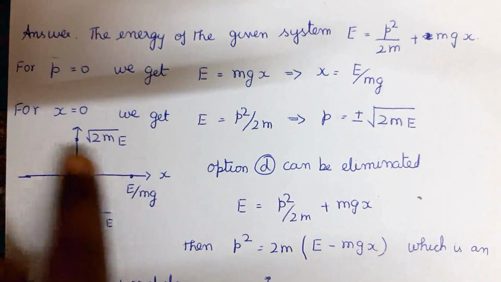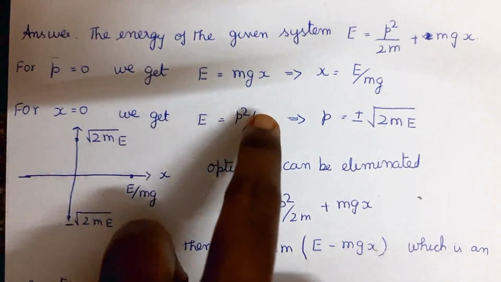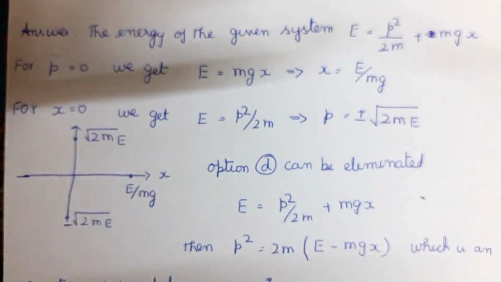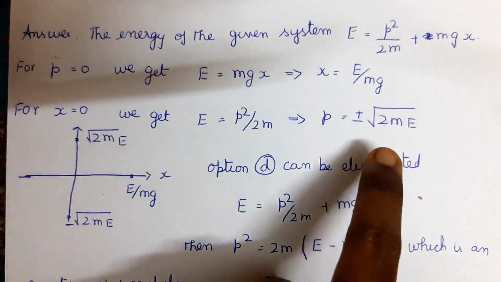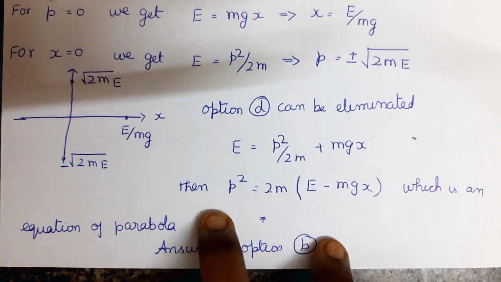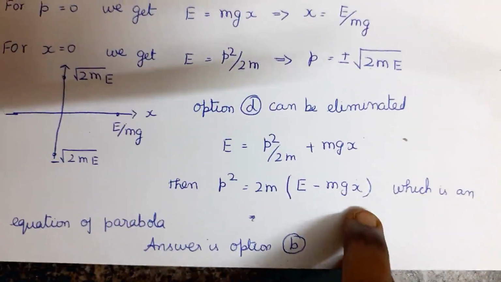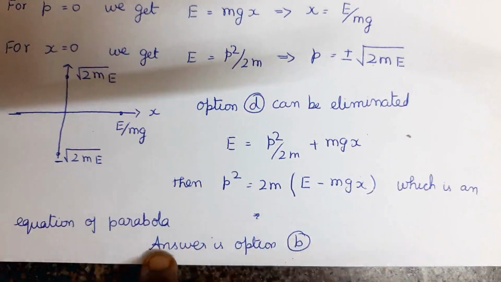Now we will find, when x is equal to 0, the value of E will be p²/2m. That is, the p value is equal to plus or minus root of 2mE. If we rewrite this given expression, then p² will be 2m(E - mgx), which is nothing but the equation of a parabola.